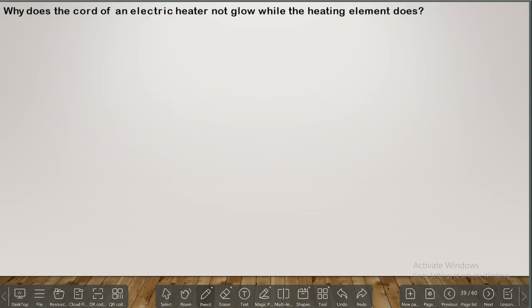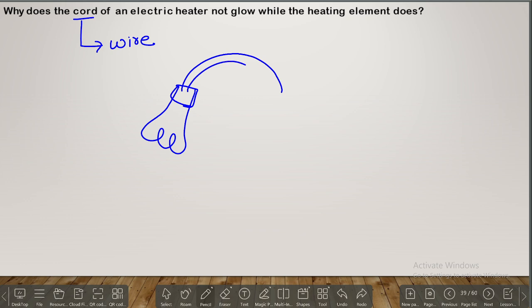So the next question: why does the cord of an electric heater not glow while the heating element does? What is the meaning of the word cord? It is nothing but the wire. If you are looking at an immersion water heater, we use the wire over here, which is connected along with the plug points.